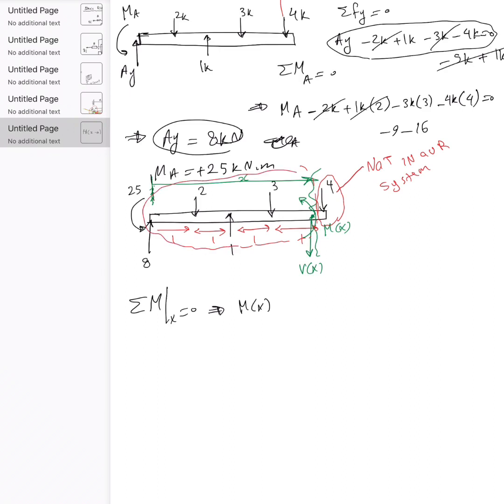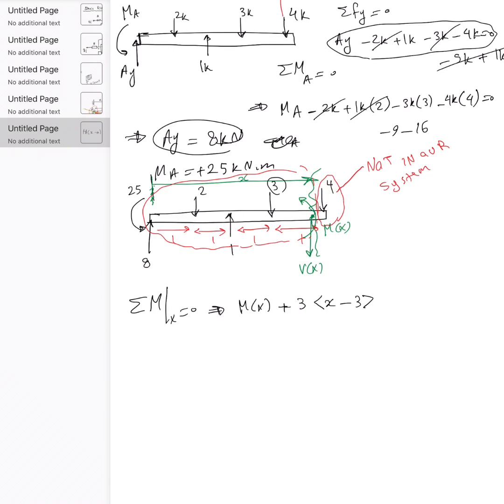So I include MX because it's right here on my beam, and I don't include VX because VX is passing through the X. And then the next thing I need to include is 3 right here. So 3 times moment arm. What is the moment arm? X minus 1, 2, 3 inside Heaviside.